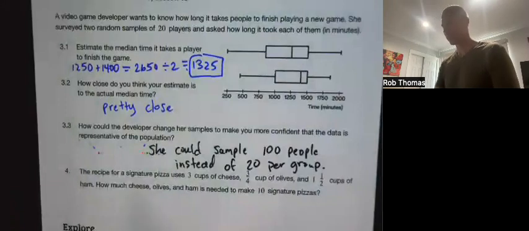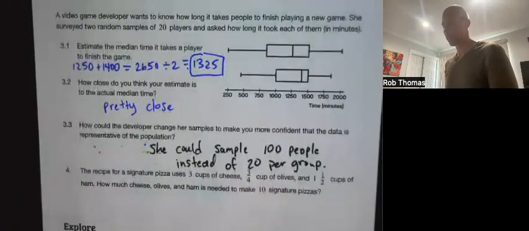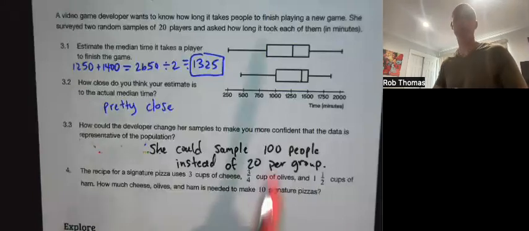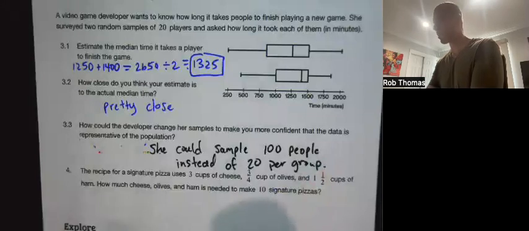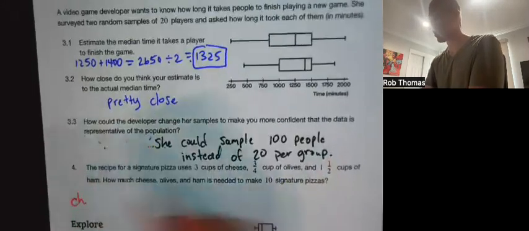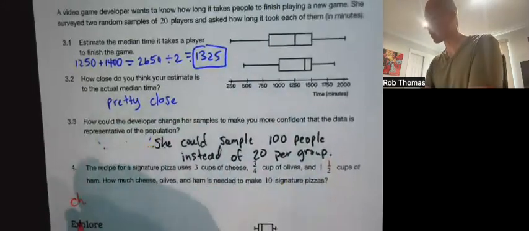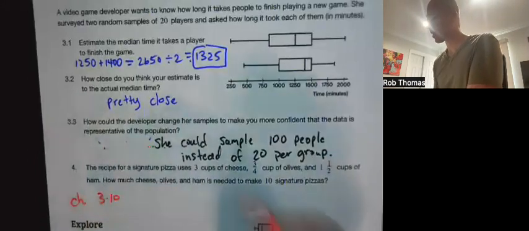All right, lastly, the recipe for a signature pizza uses 3 cups of cheese, 3/4 cup of olives, and 1.5 cups of ham. How much cheese, olives, and ham is needed to make 10 signature pizzas? Okay, so just multiply each of these by 10. For cheese, it's going to be 3 times 10.